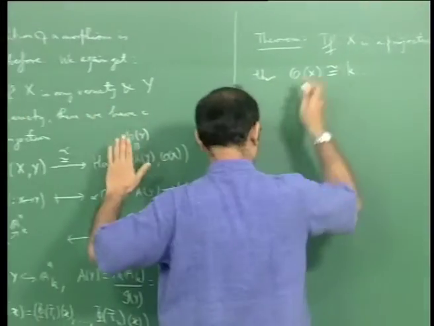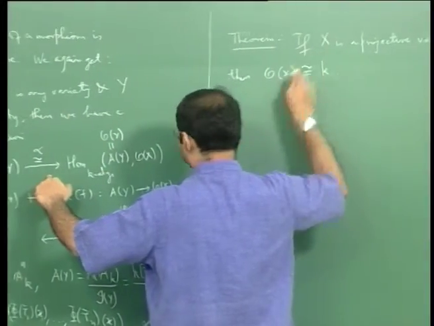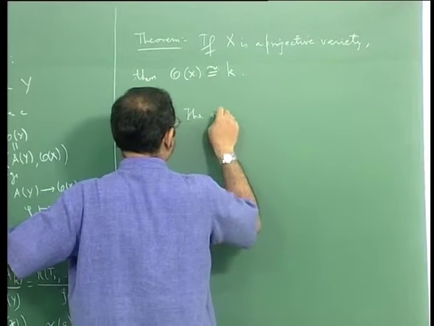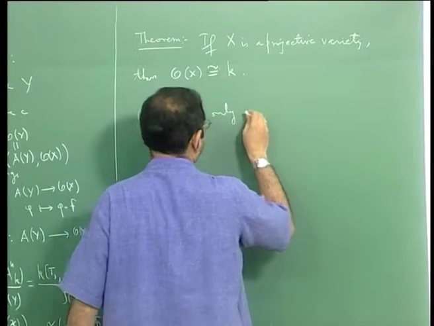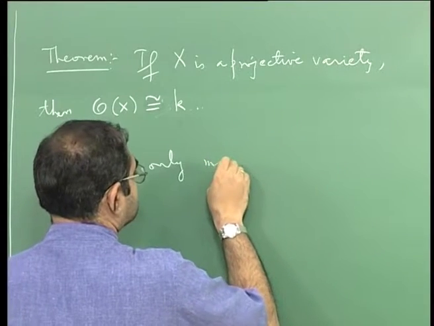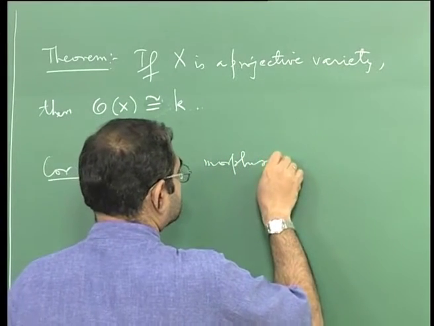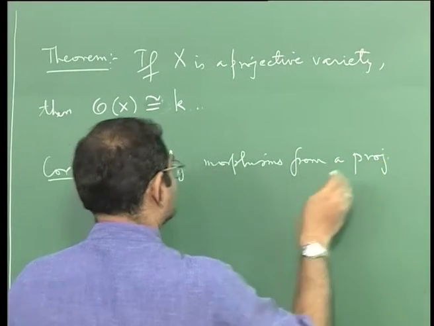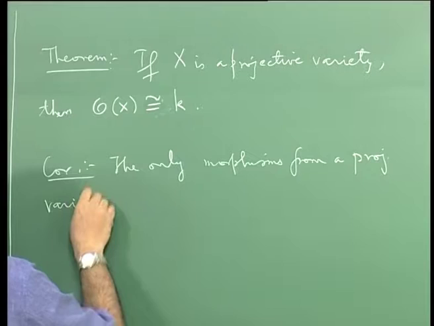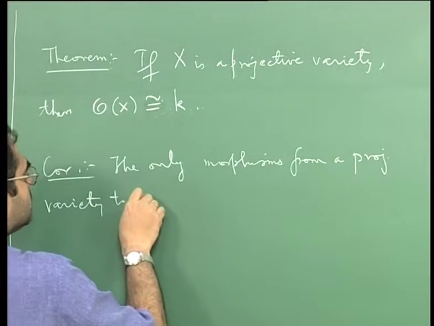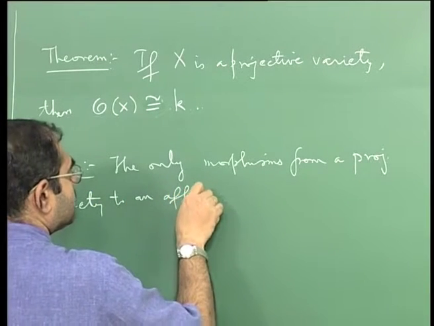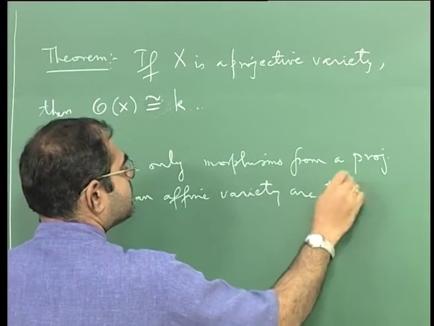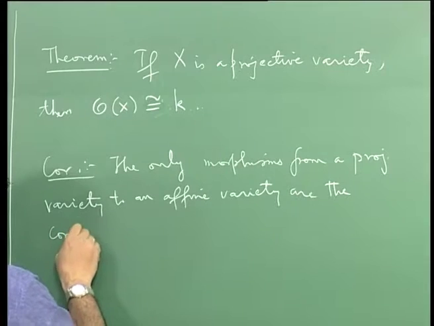If you put these two together as a corollary, you will get: the only morphisms from a projective variety to an affine variety are the constant maps.